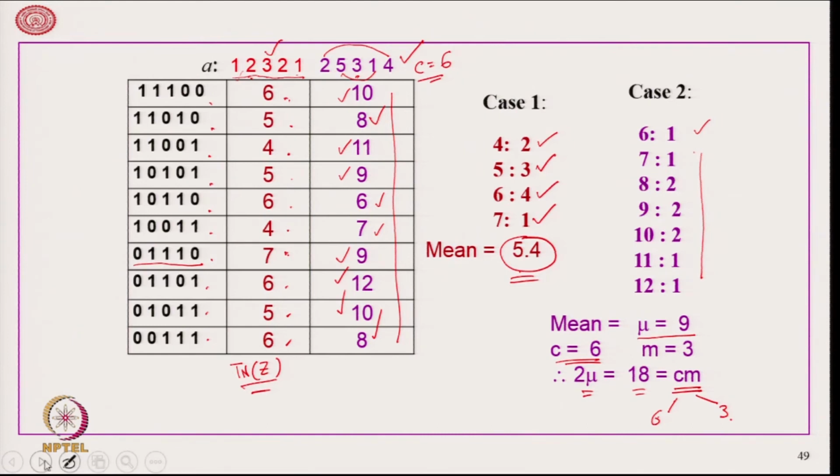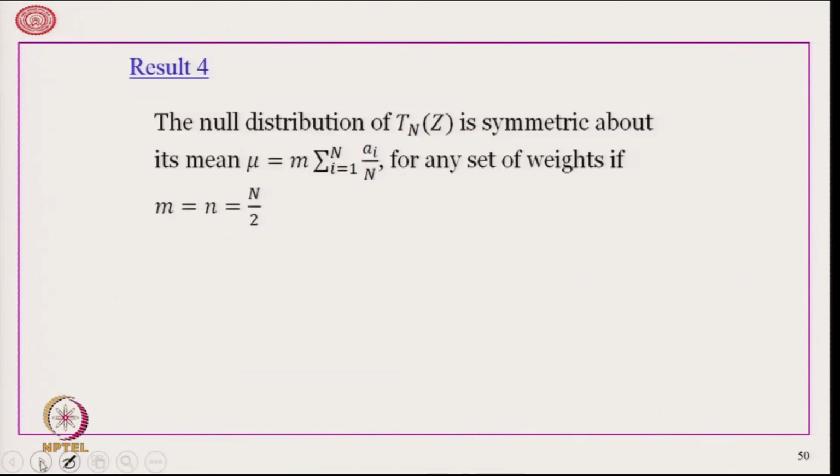Now, let me give you another result. The null distribution of T and Z is symmetric about its mean mu, which is equal to m into sigma a_i upon n, for any set of weights, if m is equal to n is equal to capital N by 2.